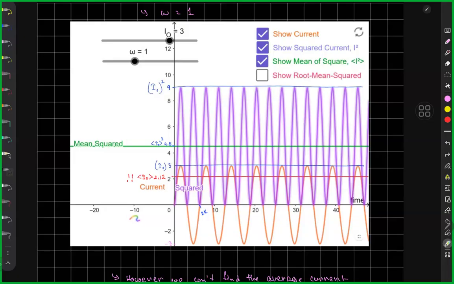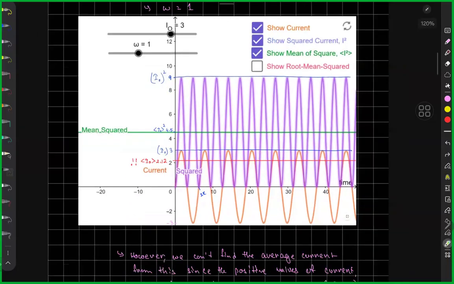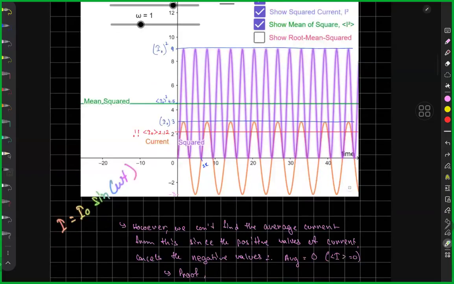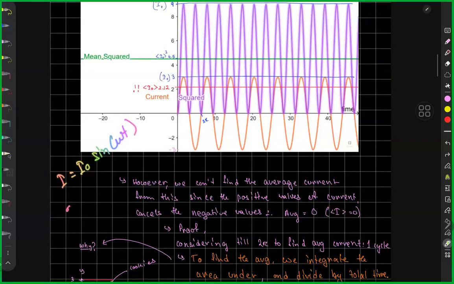How do we get the I naught square? For one thing, we squared the amplitude. That's very simple. But what is essentially happening? You have I equals I naught sine of omega t, and then what I'm doing is squaring all of these variables over here.